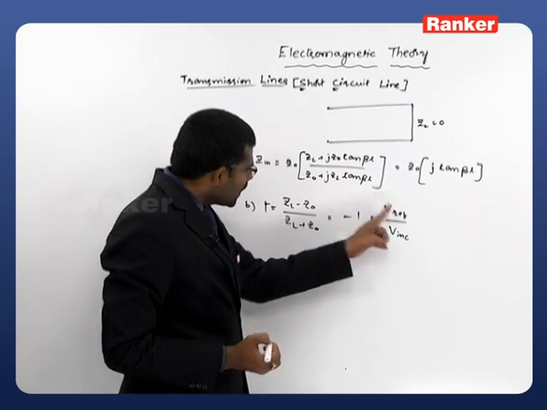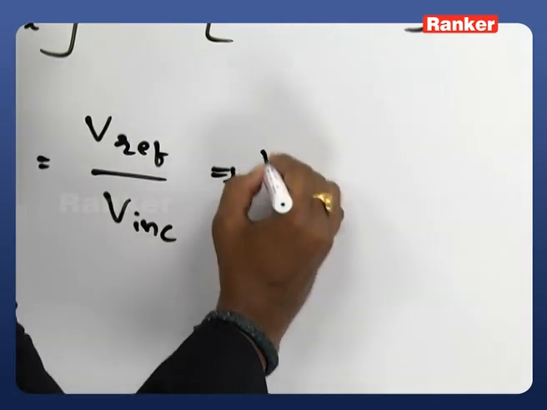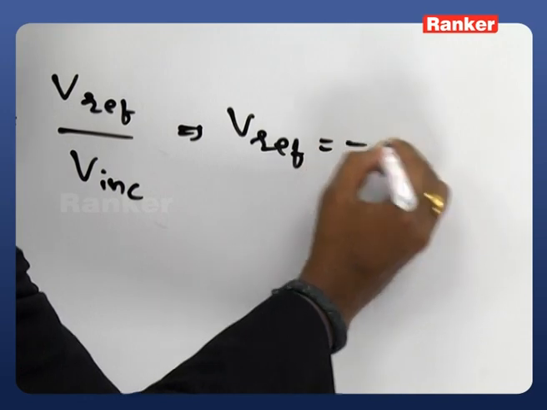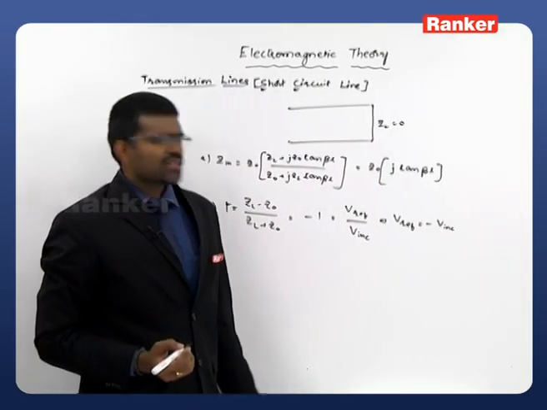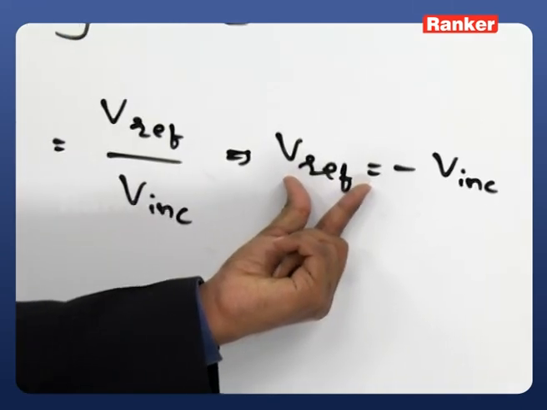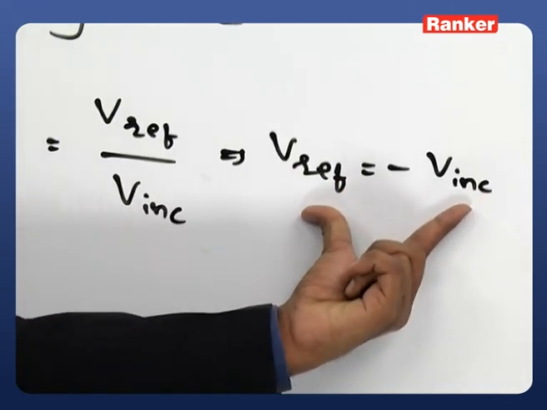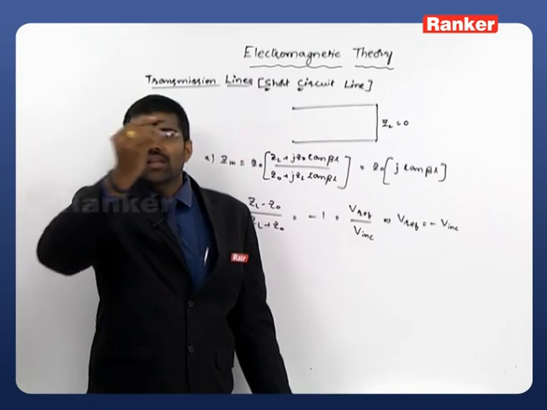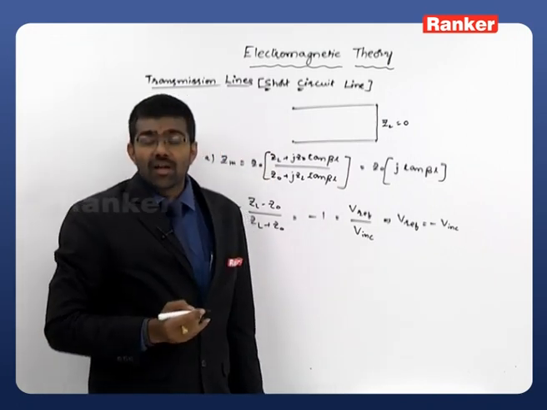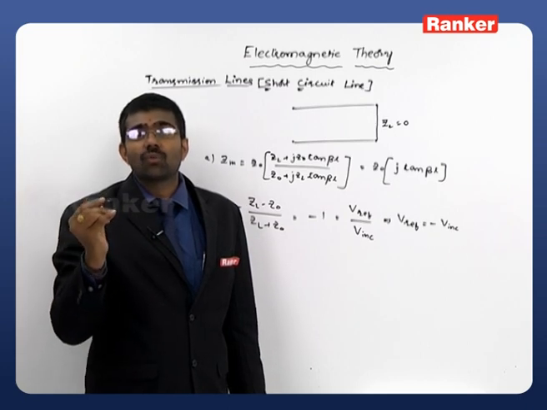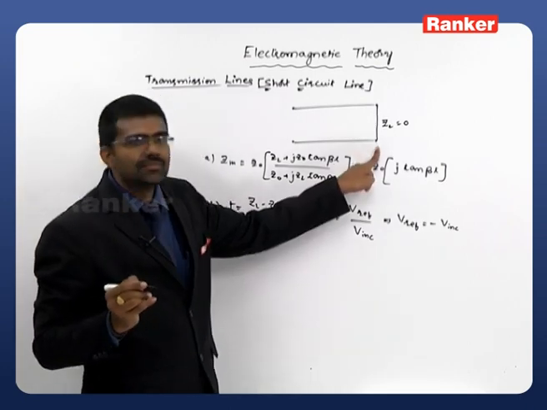Then from this relation, V reflected is equal to minus V incident. What can you understand? The voltage magnitudes are the same. The same amount of voltage I am applying, I observe when it is reflected. That is, 100% of our voltage was reflected from the load.